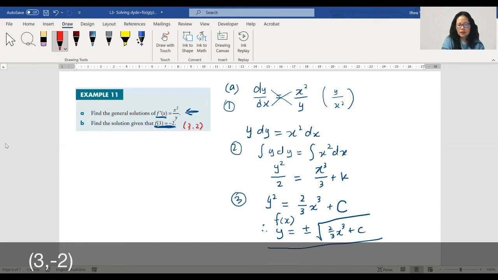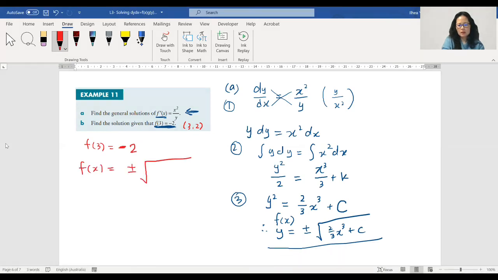Now, we need to think about this special condition. When you put in f of 3, we're getting negative 2. So when we look at our f of x from part A, we got plus minus the square root of 2 over 3x cubed plus c.